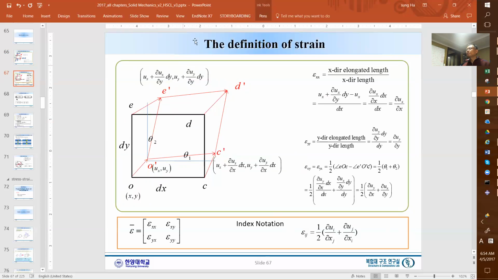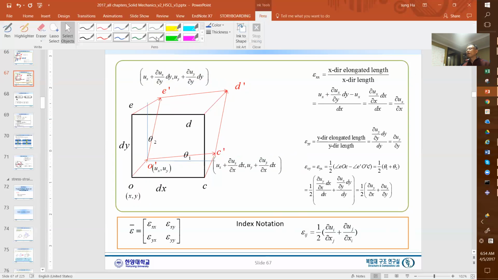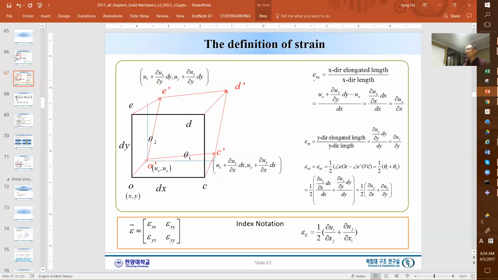Now let's try to define the strain field using this displacement, with the same figures. By definition of the x strain, which is important, the original x-directional length was dx, and the new x-directional length is this much minus ux.